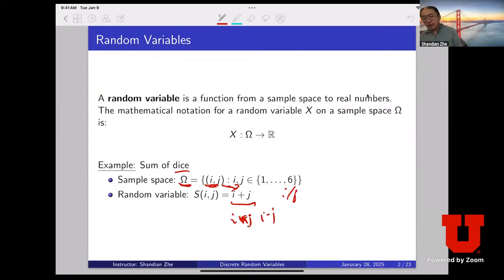I will briefly mention that you should restrict this function to be a measurable function. We're not going to talk about what it means to be a measurable function, but this additional constraint is just to make sure your definition of random variable makes sense. It won't lead to contradictory results when you calculate probabilities out of them.